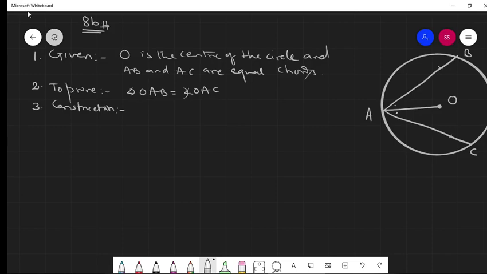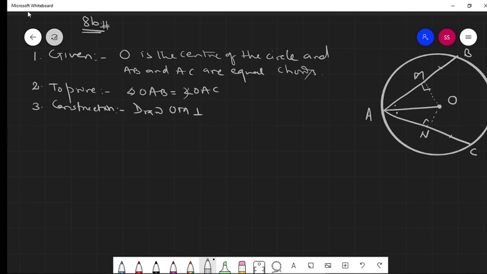Now the construction. We need to draw the perpendicular line, and here also draw OM perpendicular to AB and ON perpendicular to AC.